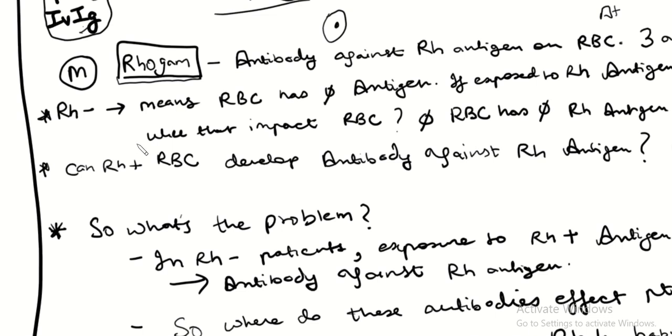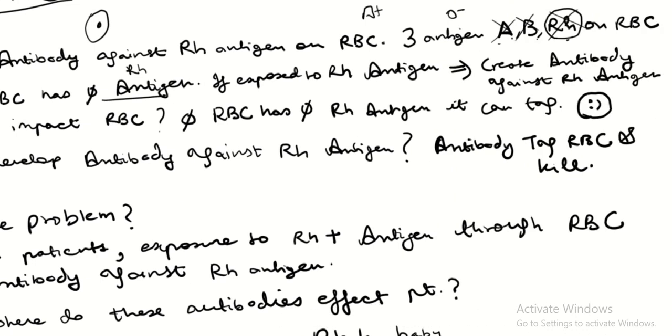Let's say I have Rh negative. That means the RBC does not have an Rh antigen. So what happens if this person injects themselves with a needle that was in somebody else's vein and supplied with Rh positive blood?